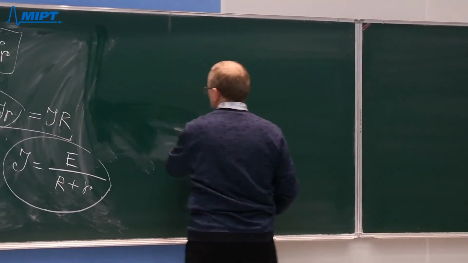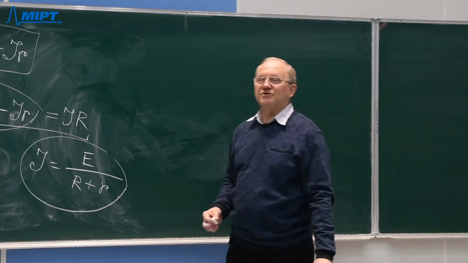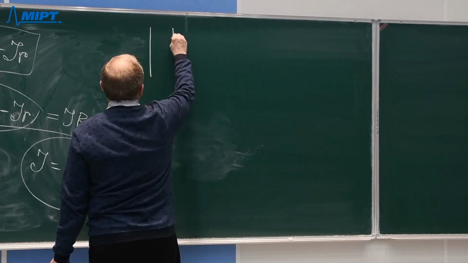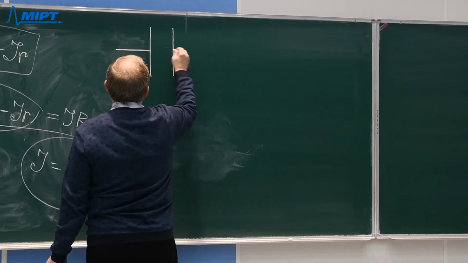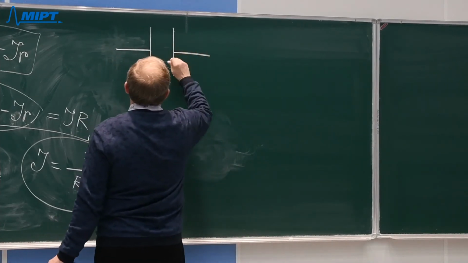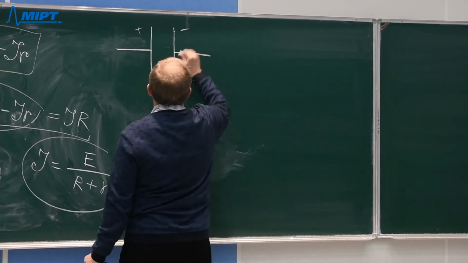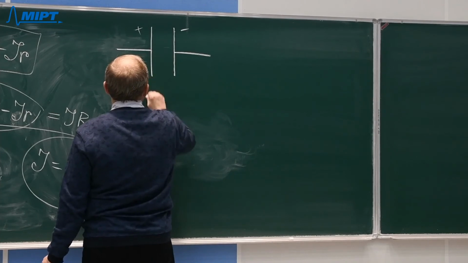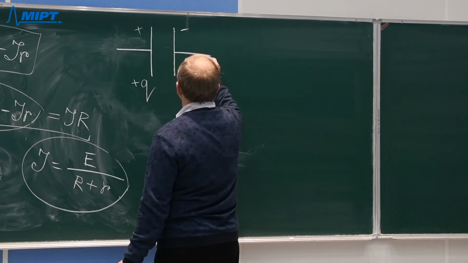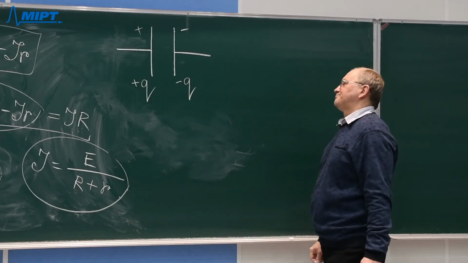Okay. Another thing I would like to discuss is the energy of electric field. So let's consider a capacitor which is charged, so that on the left plate we have some plus Q charge, and the right plate bears some negative charge.